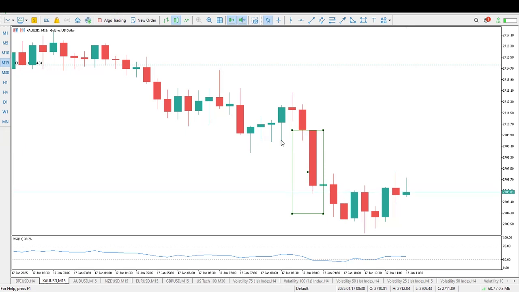Now, there is something I want to share with you guys, which is candlestick open and candlestick close.